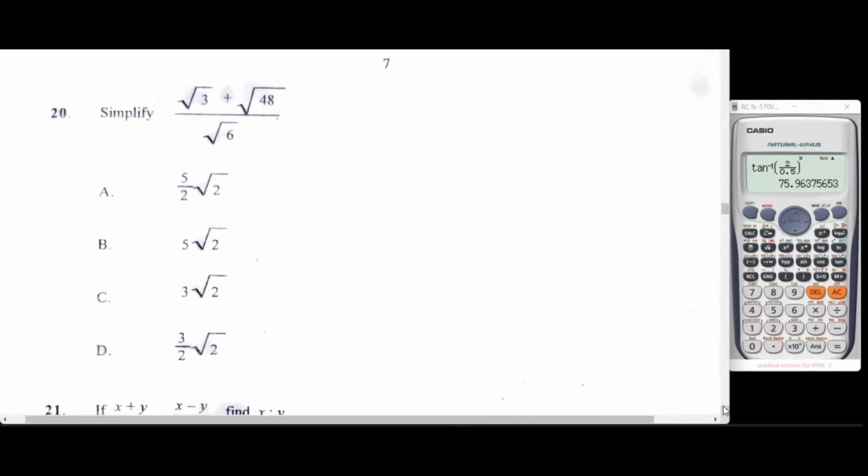simplify square root of 3 plus square root of 48, all divided by square root of 6. So without wasting time, you just go for your calculator. Then you actually program it.